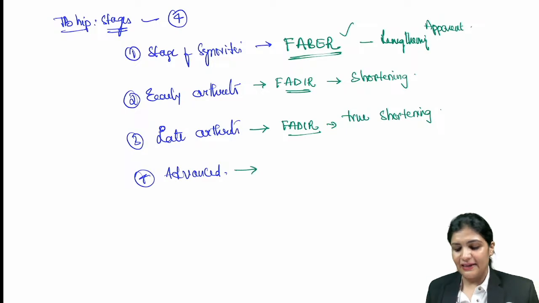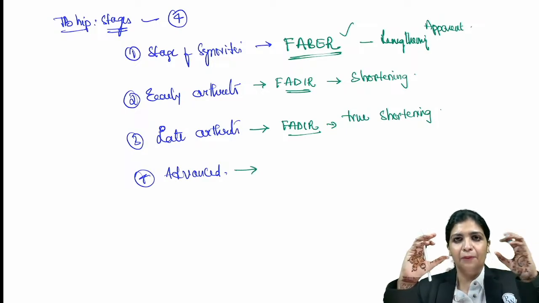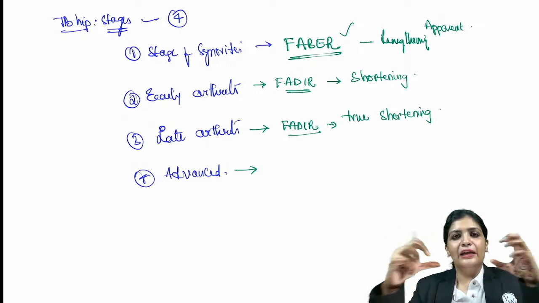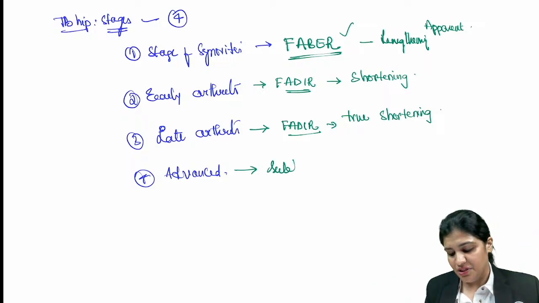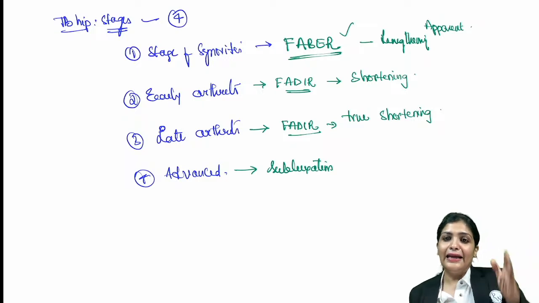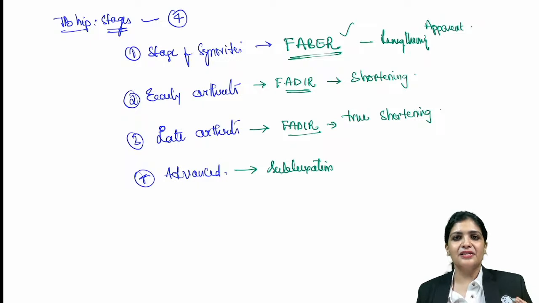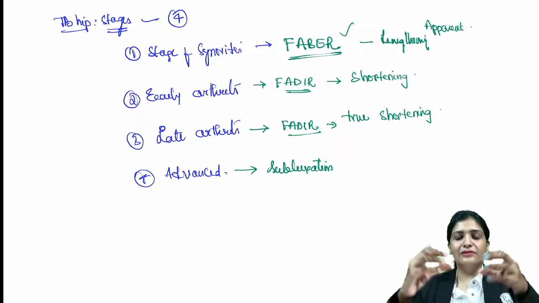And then there is advanced arthritis. If you remember, TB hip mainly affects the bone, right? So there will be subluxations and dislocations. Involvement of the cartilage is late in tuberculosis, because TB doesn't produce any enzyme which degrades the cartilage.